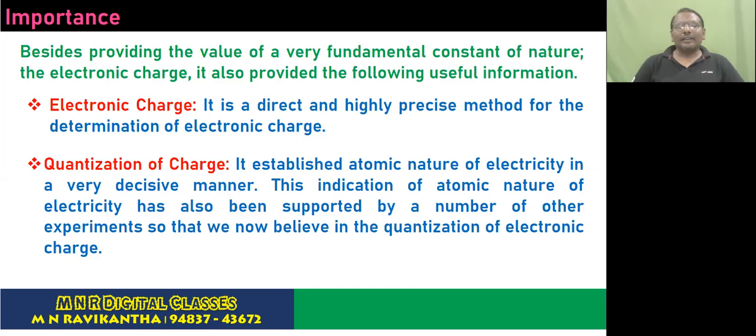This has also been supported by a number of other experiments, so that we now believe in the quantization of electronic charge. For the first time, this experiment provided experimental evidence for the quantization of charge. Even though it was known theoretically, it was experimentally proved.